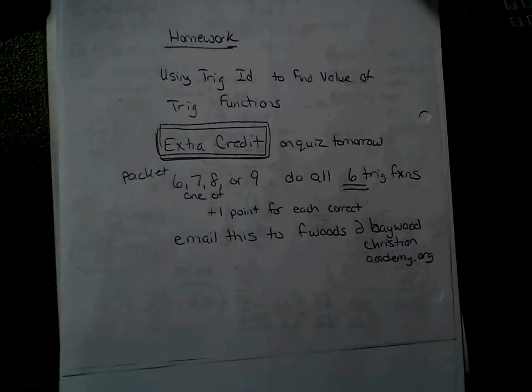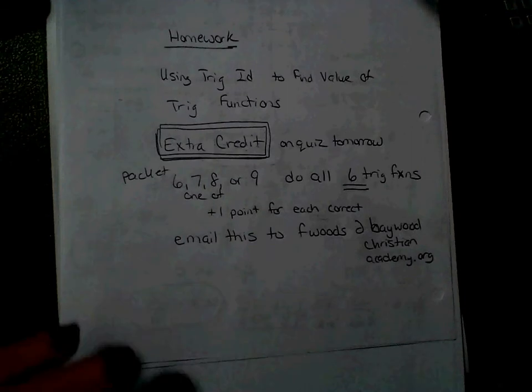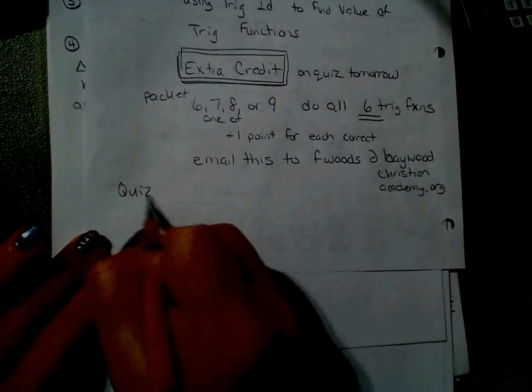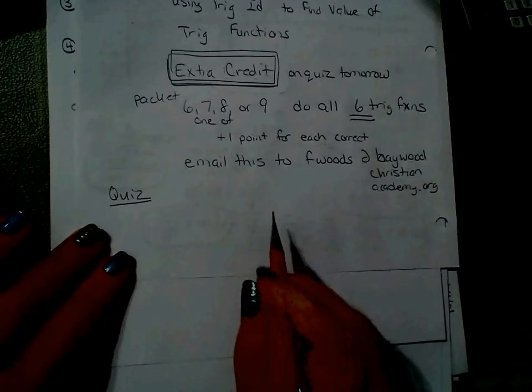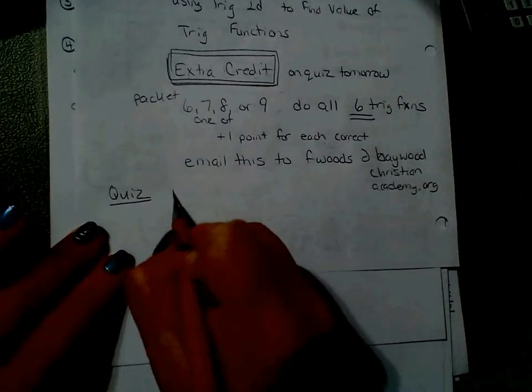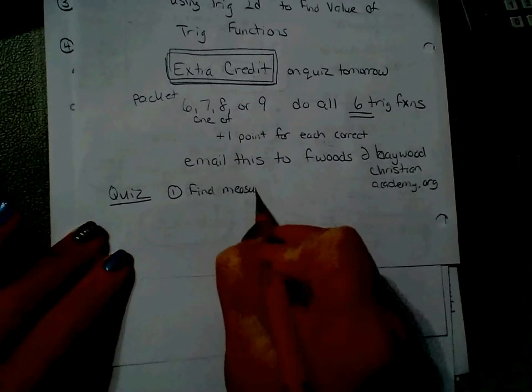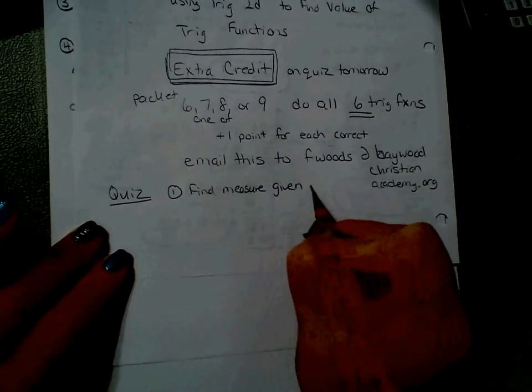Now, about your quiz tomorrow, just so you know what will be on it so that you can study, the list of what was on it was under yesterday's assignment, the 29th. On the quiz, you have to find the measure of an angle given a picture.